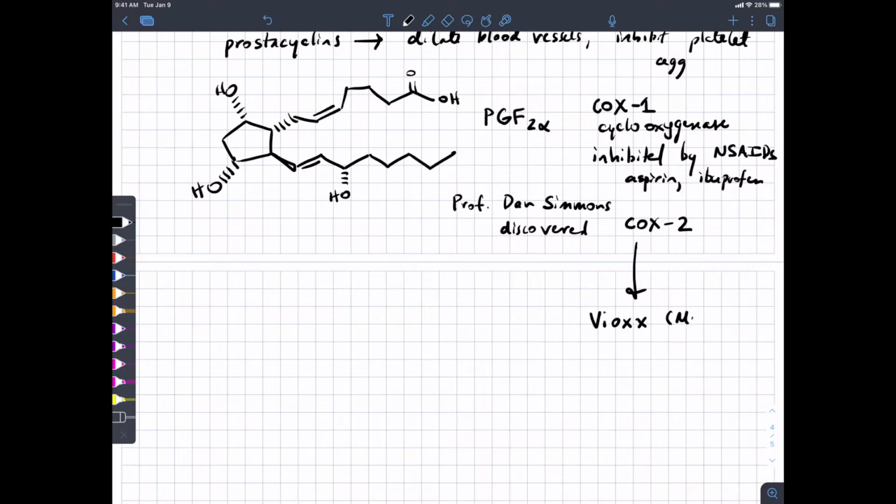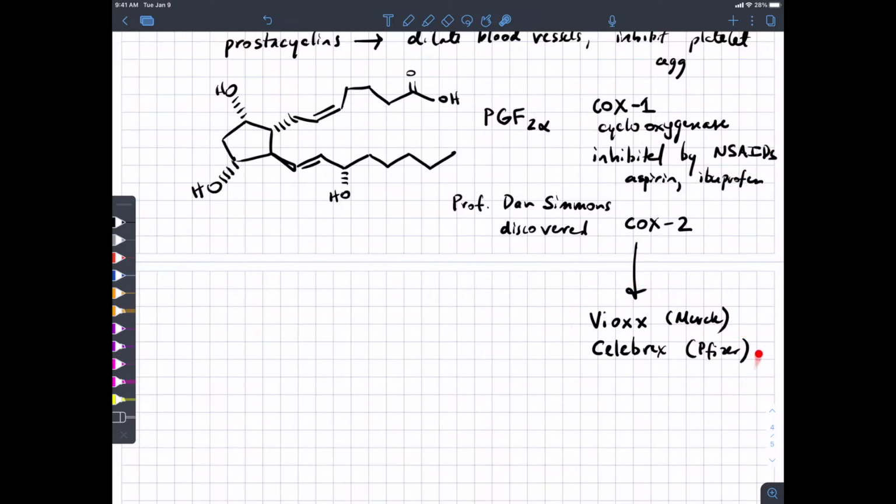Merck's drug was called Vioxx. Pfizer's drug was called Celebrex. And they found that if you inhibited COX-2's action of generating prostaglandins, you could address some pain in things like arthritis that were difficult to manage with non-steroidal anti-inflammatory drugs.